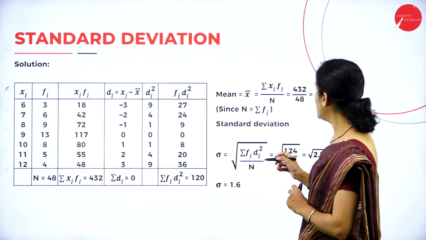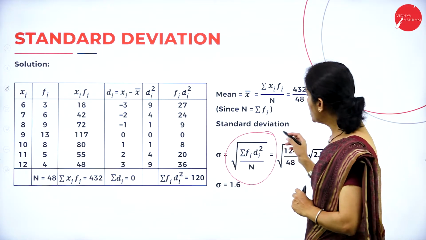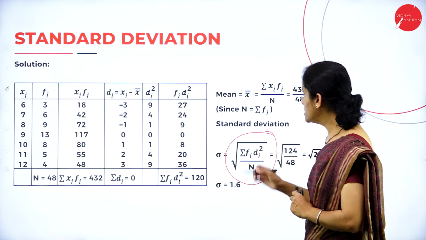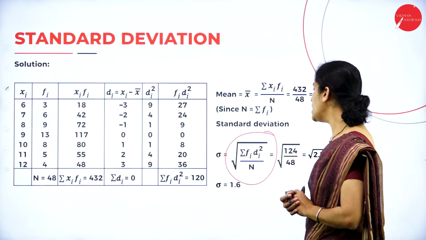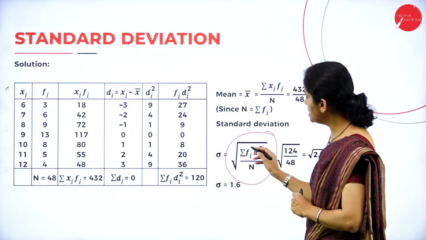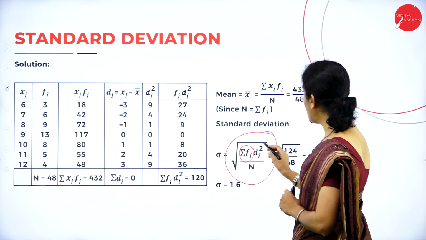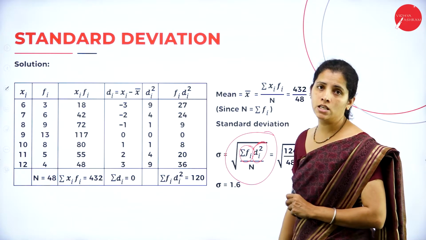And what is the formula I have? That is whole square root of sigma fi di square divided by n. And what are the things I want? I want summation of fi as well as I require di.